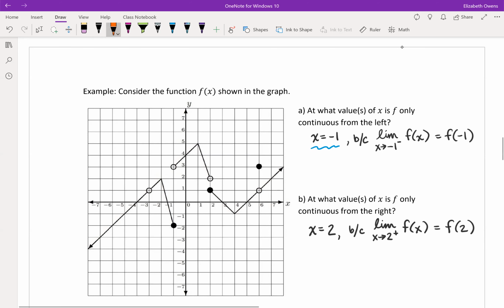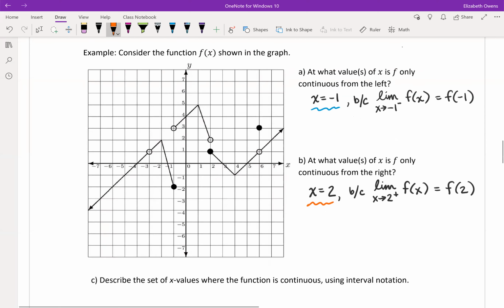All right, last one to check. x equals 6. Start to the right and approach, and we do not approach the function value. We approach the hole in the graph. Function value's up here. So no continuity from the right at 6. So that means x equals 2 is our only answer for that.